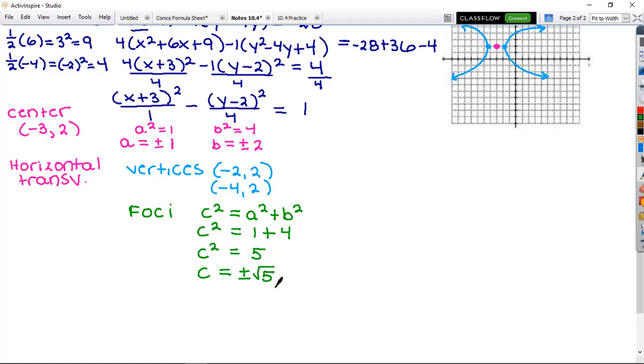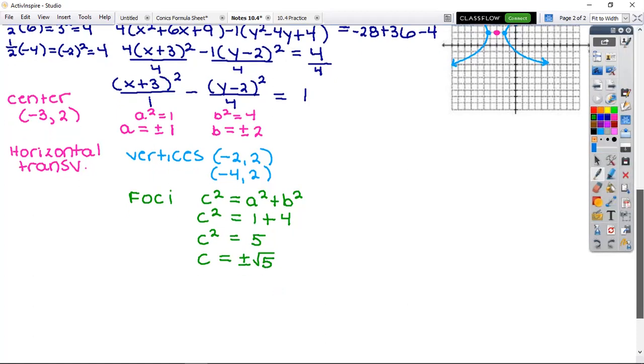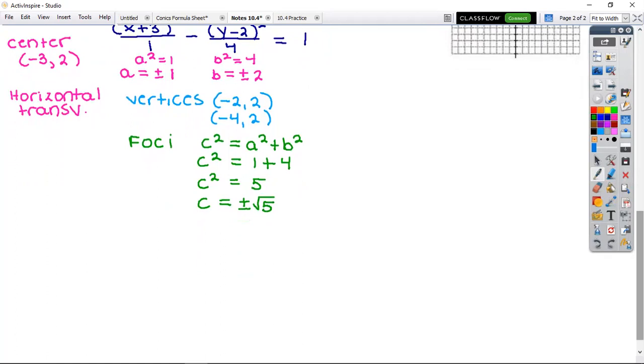You are going to add this value to your transverse axis, which in this case was still x. All right, so we get, center was -3. So foci number 1 would be at -3 plus the square root of 5, comma 2. And my second would be at -3 minus square root of 5 and 2.